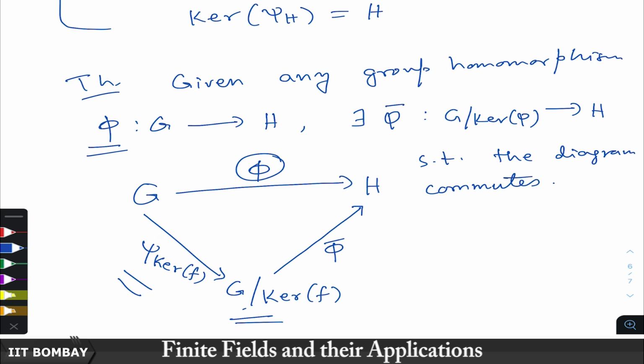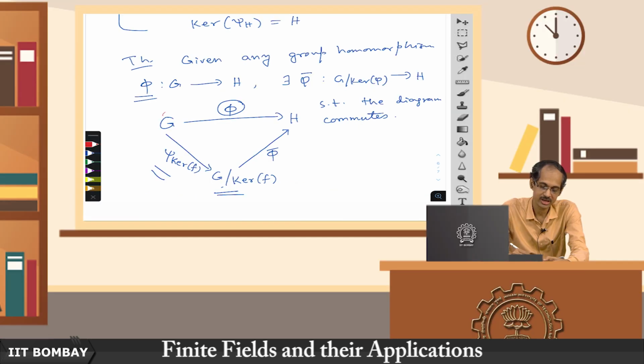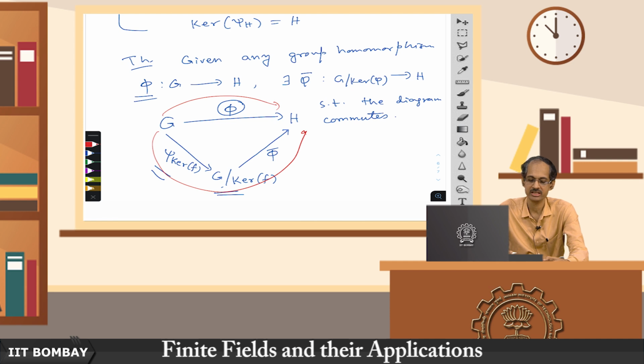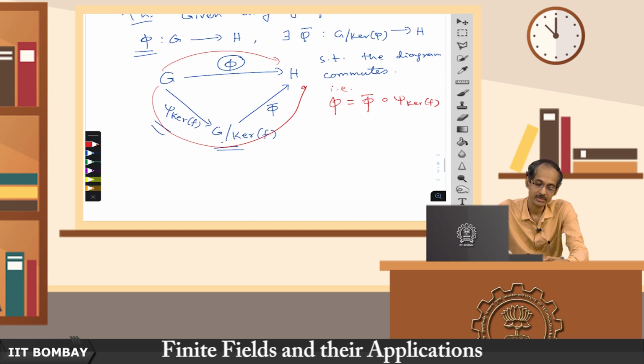What it means is that there are two ways to go from G to H, this way and this way, two paths, and both paths lead to the same mapping, which means that phi is the same as phi bar composed with psi, the canonical map from G to G/kernel, where phi bar is one-to-one. That is, it is an injective group homomorphism.